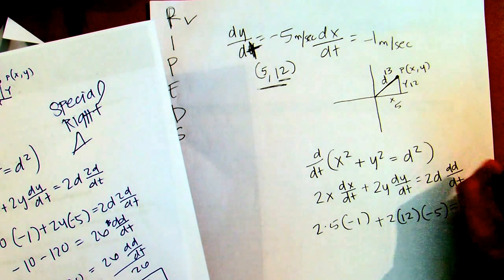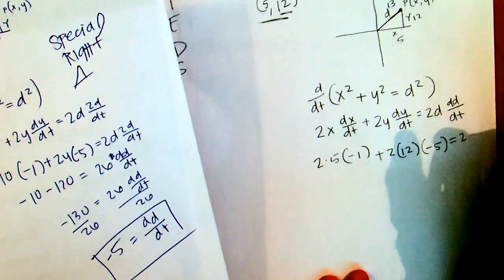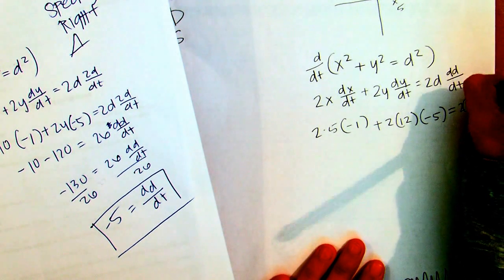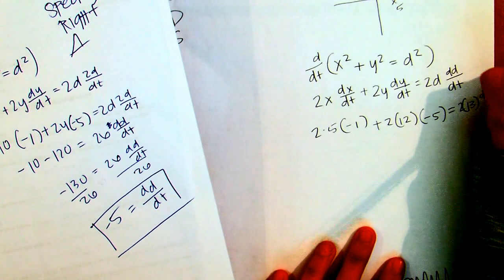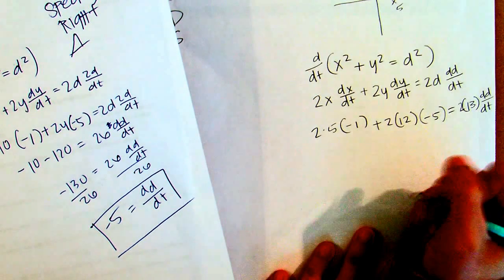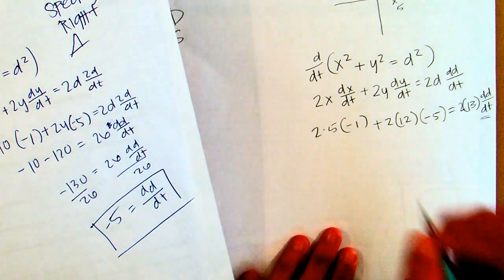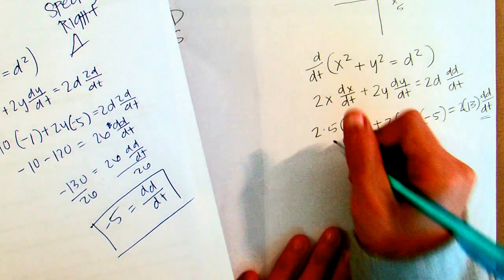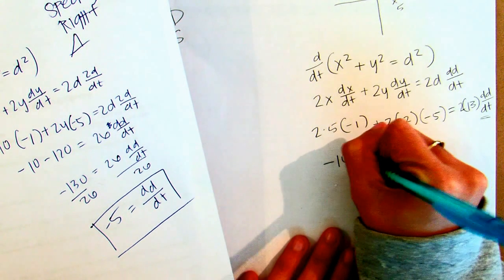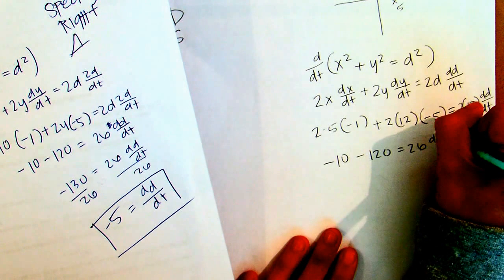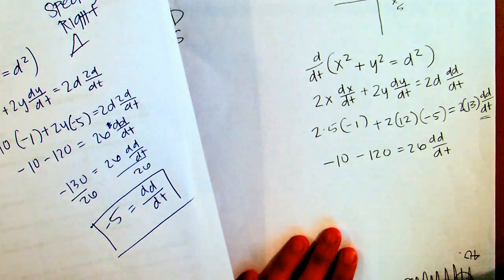Okay. So I got 2 times 13 dd/dt. And which one are we solving for again? dd/dt. Okay, cool. The distance. So I get -10 minus 120 equals 26 dd/dt.